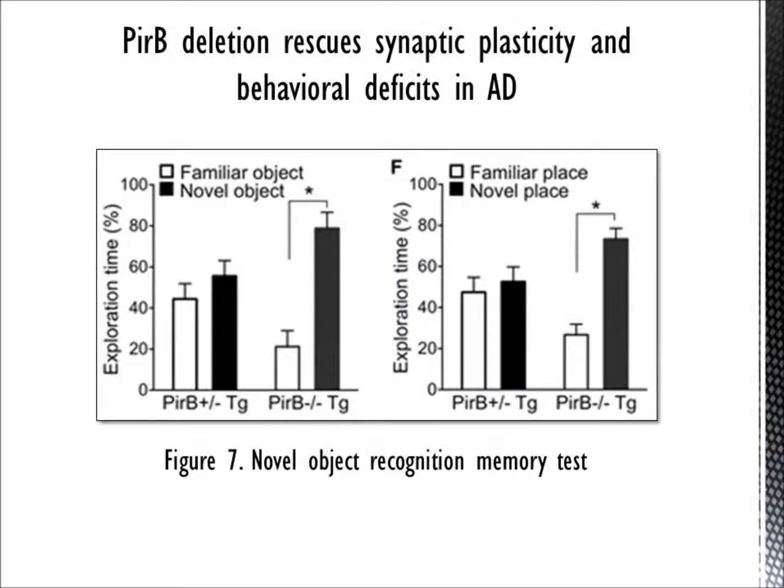First, recognition memory was examined using 2 tests, novel object recognition and novel place recognition. While the Alzheimer's mouse with PIRB showed impaired behaviors in both tests, the hybrid mouse didn't show any learning and memory defects. The hybrid mouse was also immune to synaptic loss.